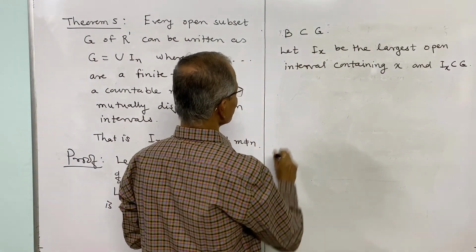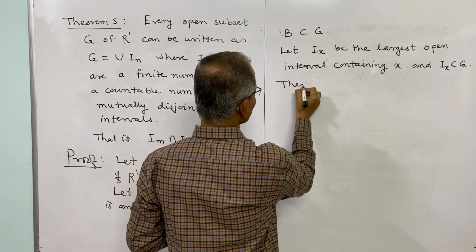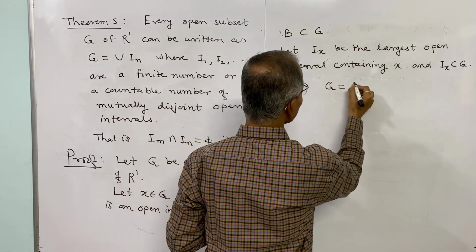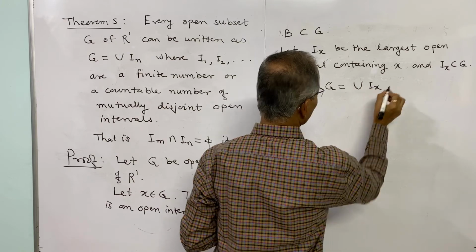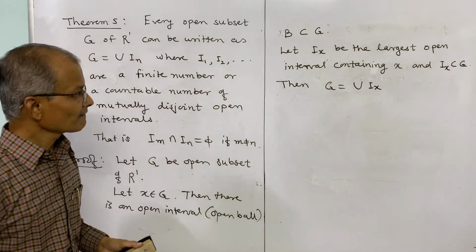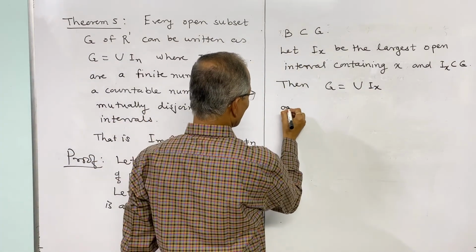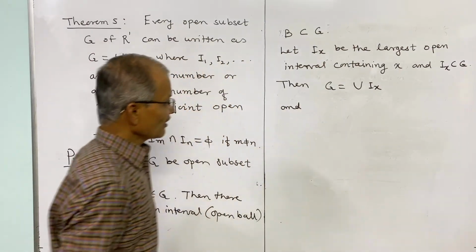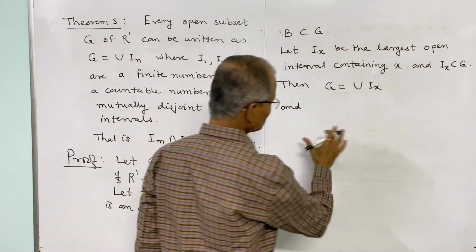Then G is the union of all such Ix, and this union is disjoint.